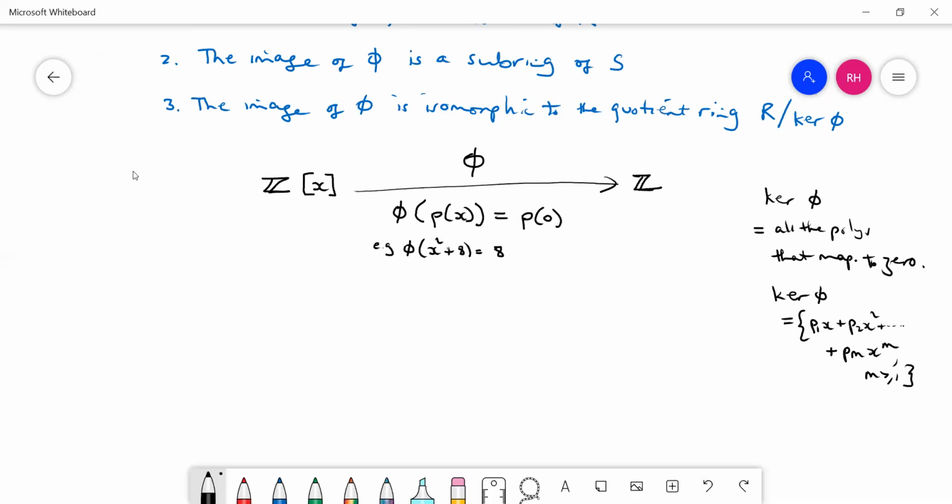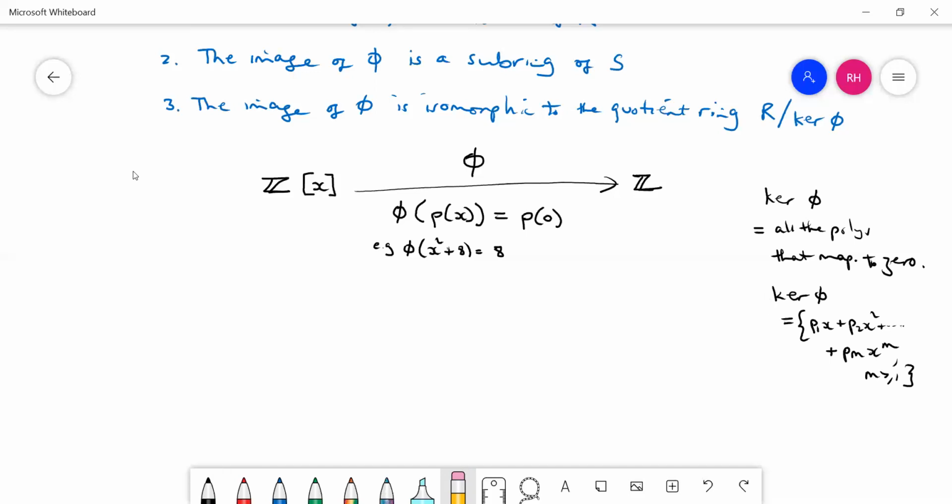And obviously all the coefficients are integers in everything we're talking about here. This kernel is just all the polynomials with no constant, or if you like, a constant of 0.